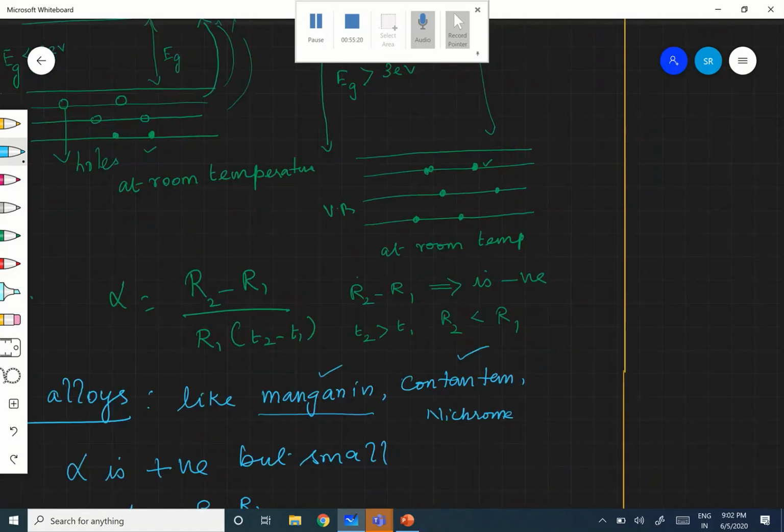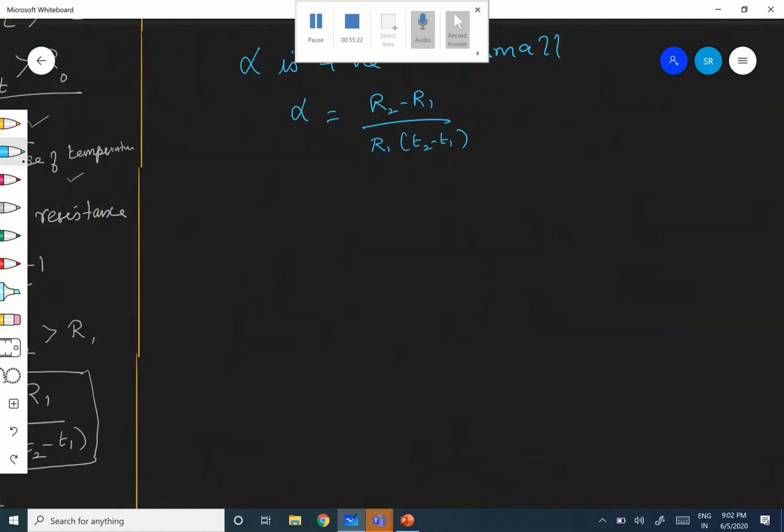Now we are going to see temperature coefficient of resistivity. We have seen temperature coefficient of resistance; let me do the same thing for resistivity. Temperature coefficient of resistivity is also usually alpha.